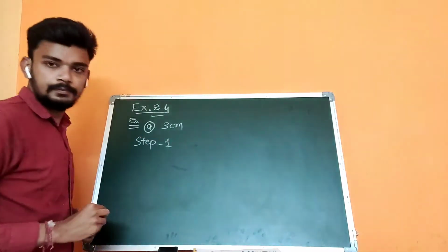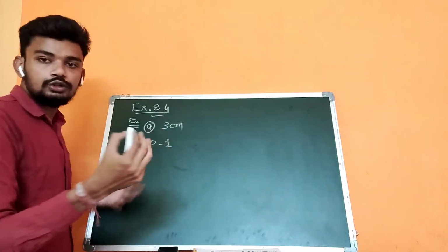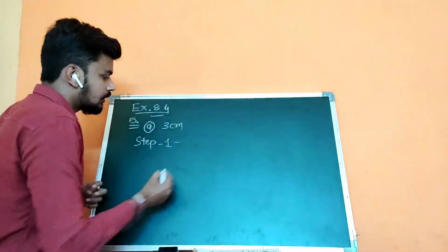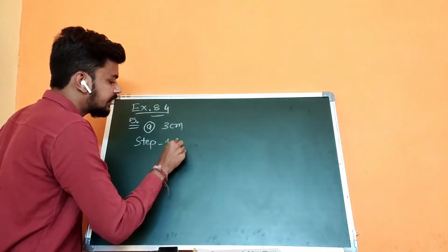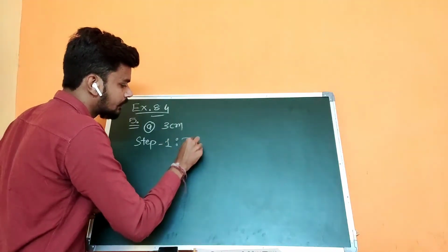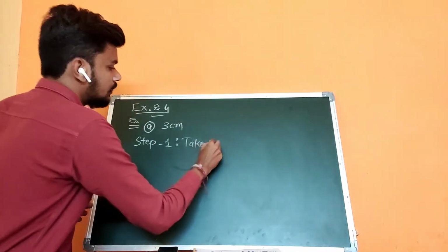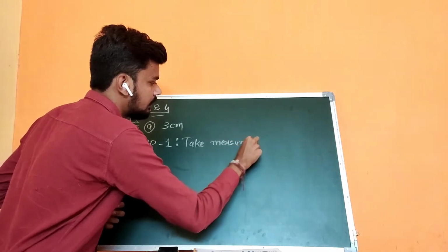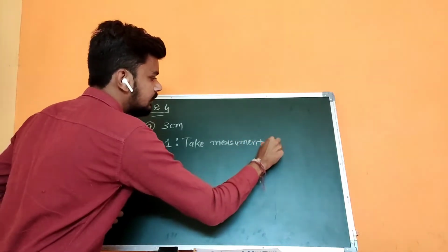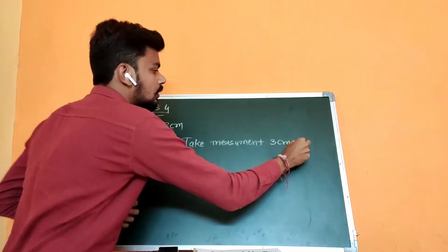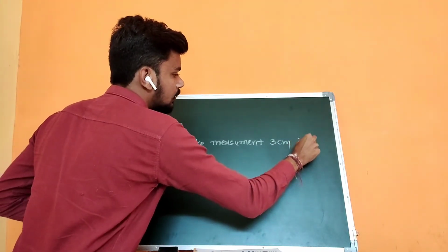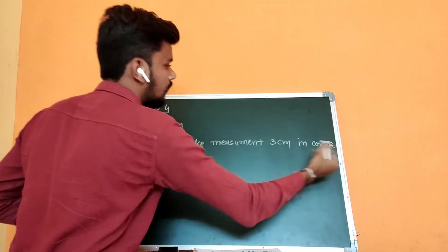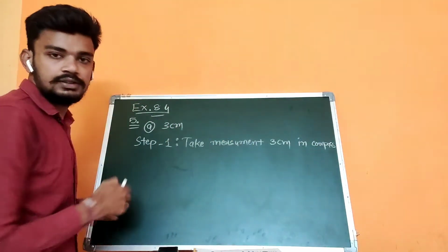So you have to write like that. Step 1. I am shortening the steps so it will be easy for you to write. Step 1: take measurement 3 centimeter in compass. See, I am shortening the steps for you.